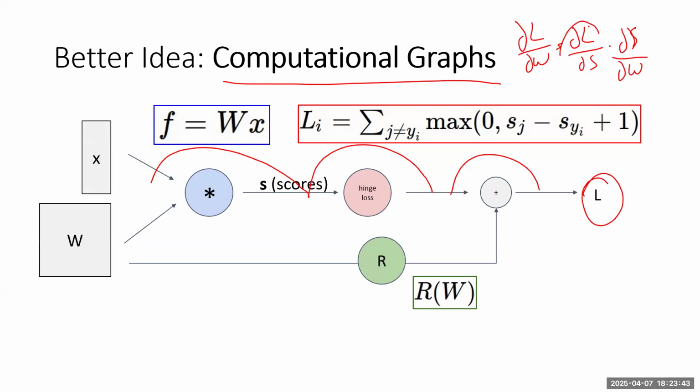So I can calculate this by itself, I can calculate this by itself, then I can multiply this times this to produce the derivative of the loss with respect to W.